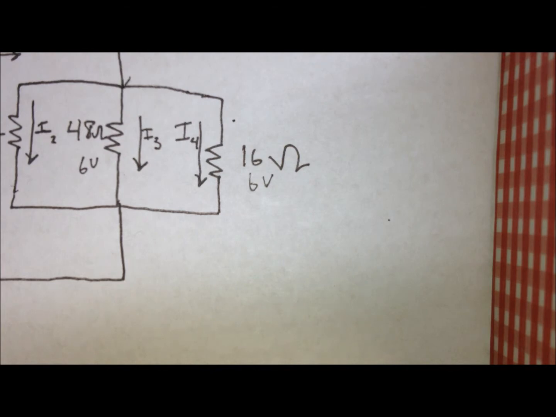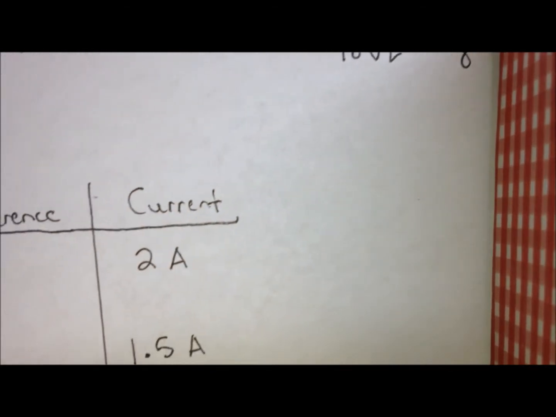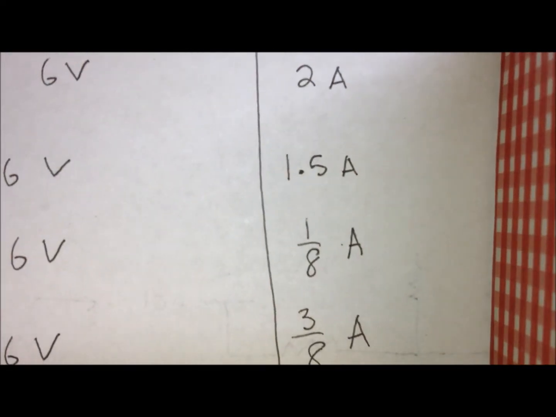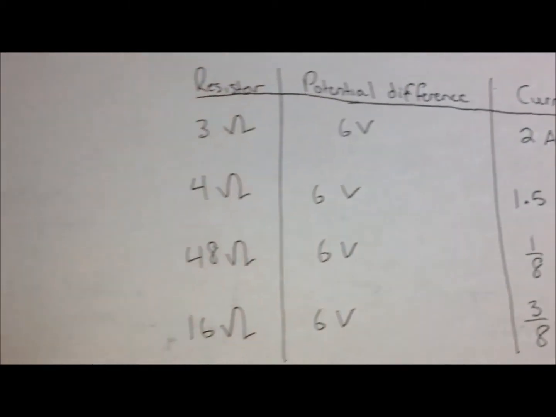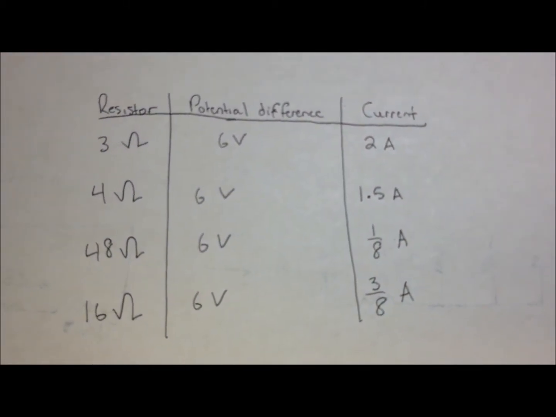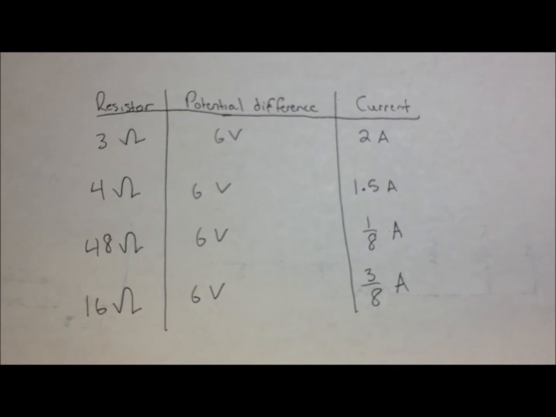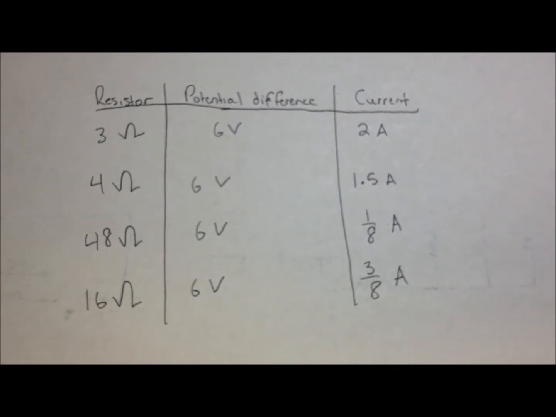Now we can go into the table and write it all in so we can see the answer nicely laid out. I'll zoom out a little bit. As you can see, we have the 3, the 4, the 48, and the 16. There's a potential difference on each of them, and there's the current on each of them.